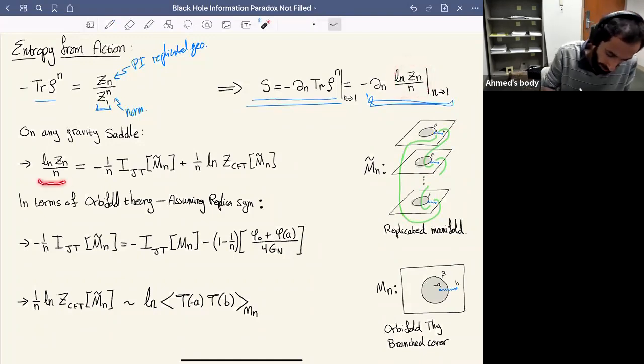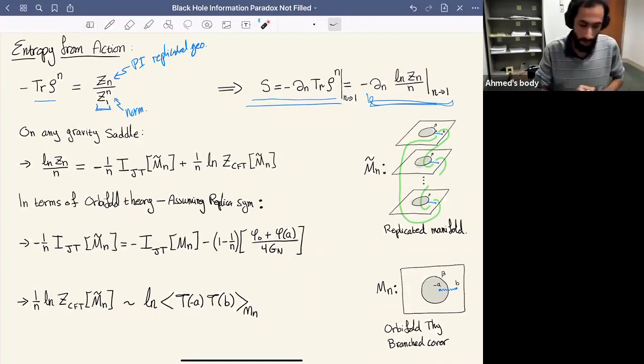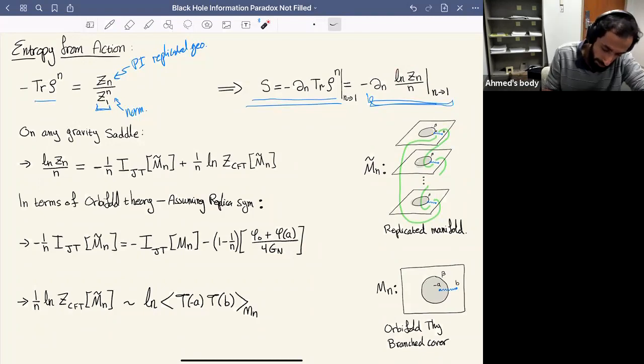But let's consider this quantity. On any gravitational saddle, log Zn breaks up into two terms. The first term is minus 1 over n times the JT action evaluated on the replicated geometry, plus the logarithm of the CFT path integral also on the replicated geometry.